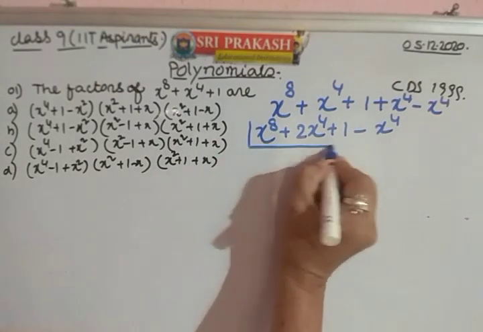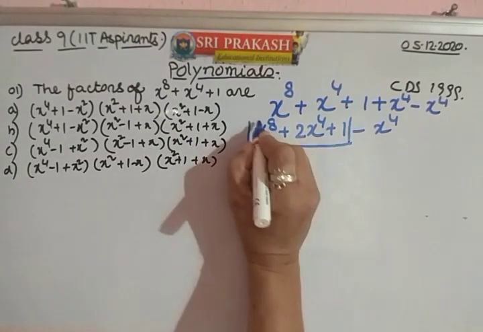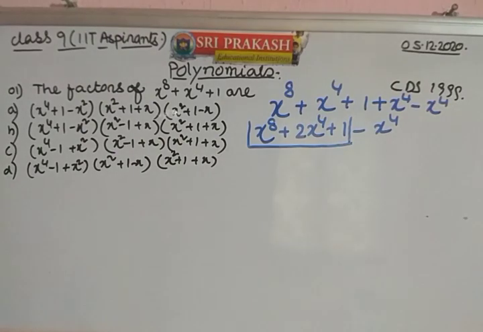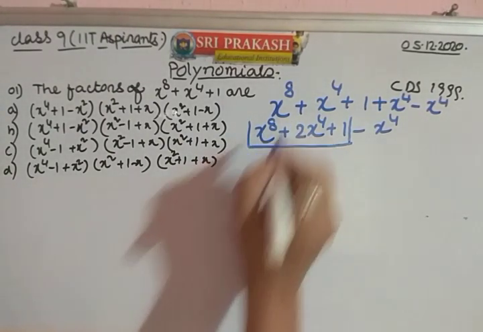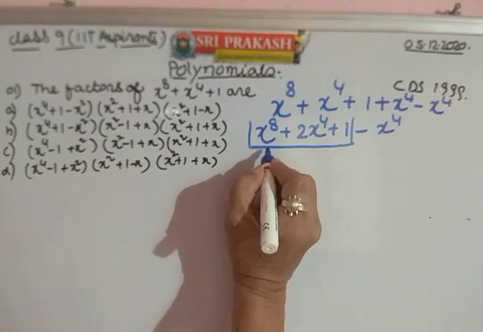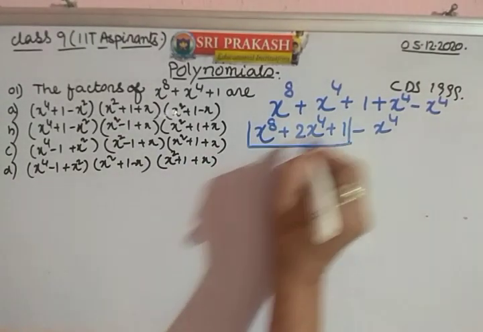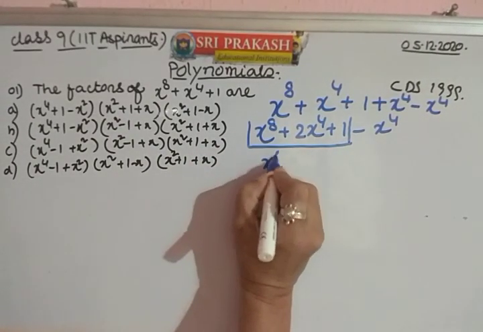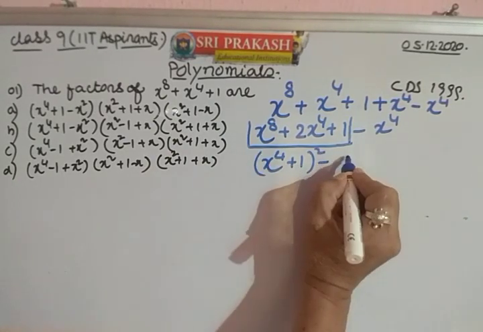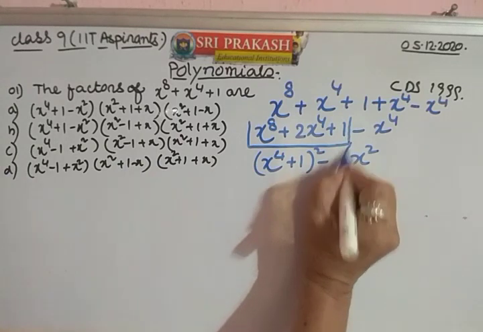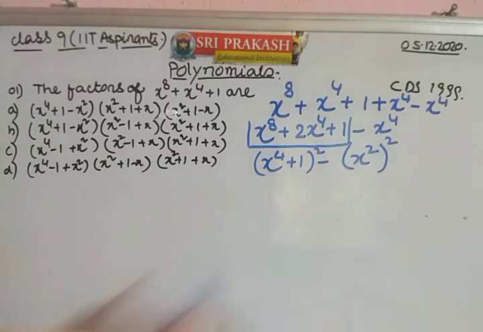From here to here, it is in the form of a plus b whole square, when a is x to the power of 4 and b is 1. So x to the power of 4 plus 1 whole square minus x square whole square.